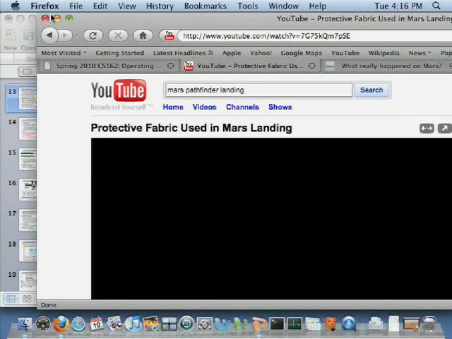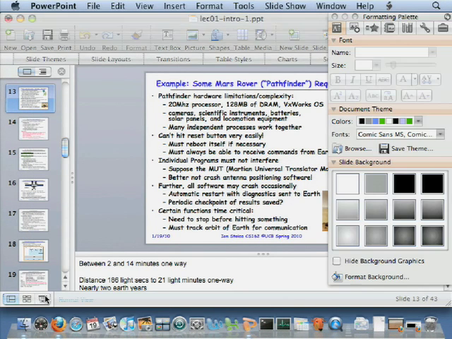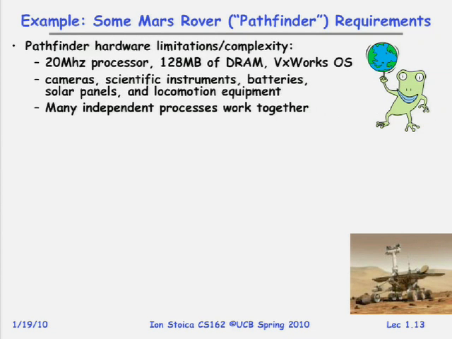So anyway, the question here is, you need to write an operating system and application to control this rover. First of all, let's look at what the hardware and the software were. The hardware was a 20 megahertz processor.